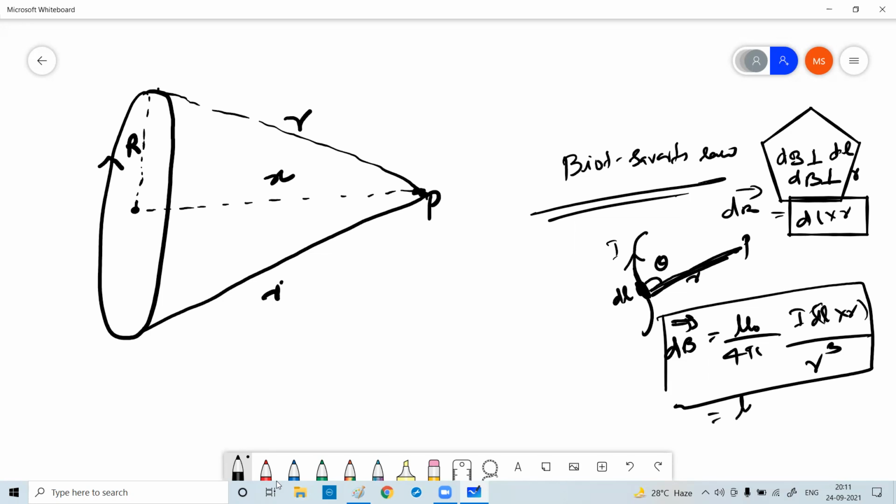So this will become mu naught by 4 pi I dl R sine theta divided by R cube. One R goes. Your final formula will become mu naught by 4 pi I dl sine theta by R square. And theta depends on the angle. If it is 90 degrees, sine 90 will become 1. Is it clear? We studied all this in the class.